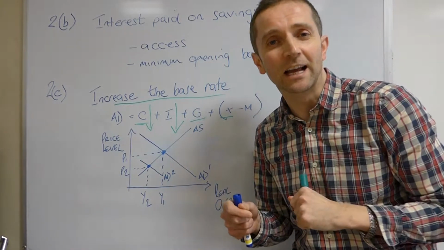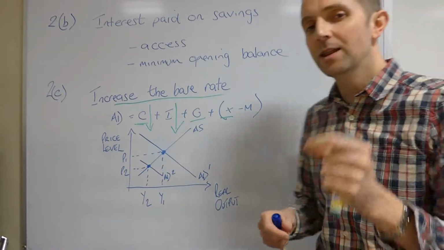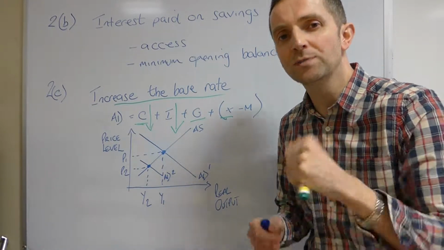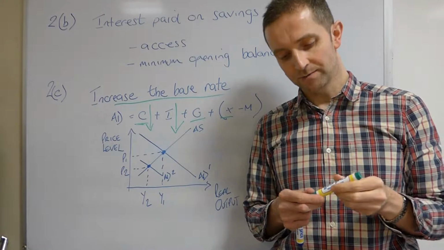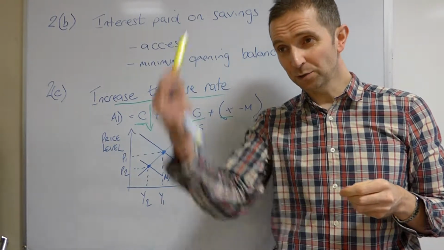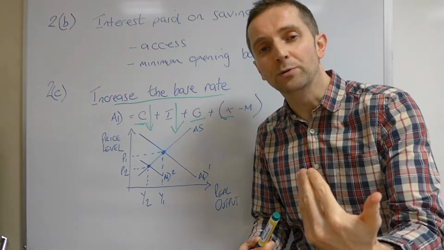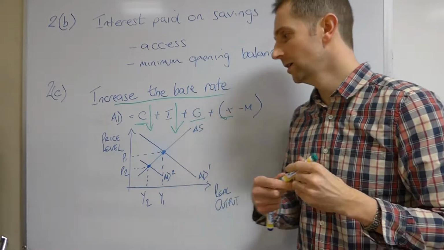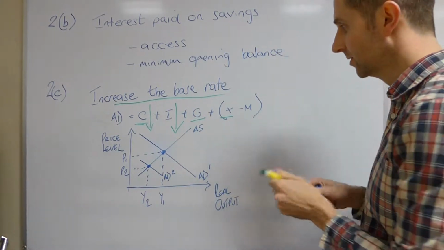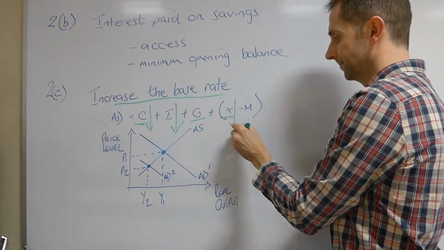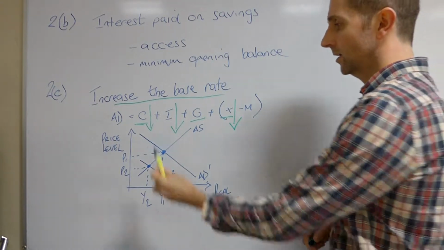Just as well I said it again because I said it wrong the first time. So if the base rate goes up, the price of an export goes up. And ceteris paribus, the demand for the export should fall. So, falling.